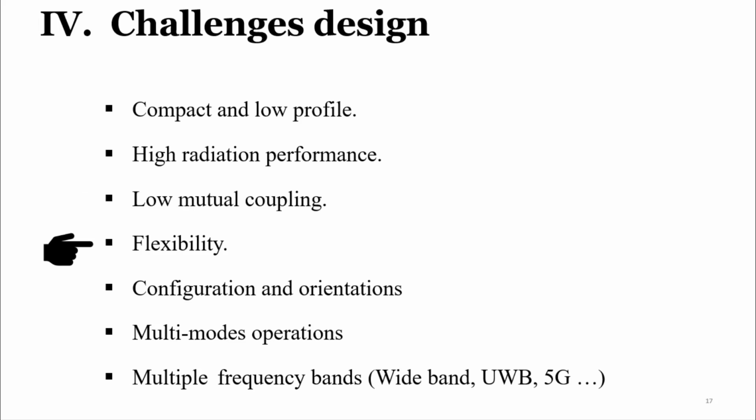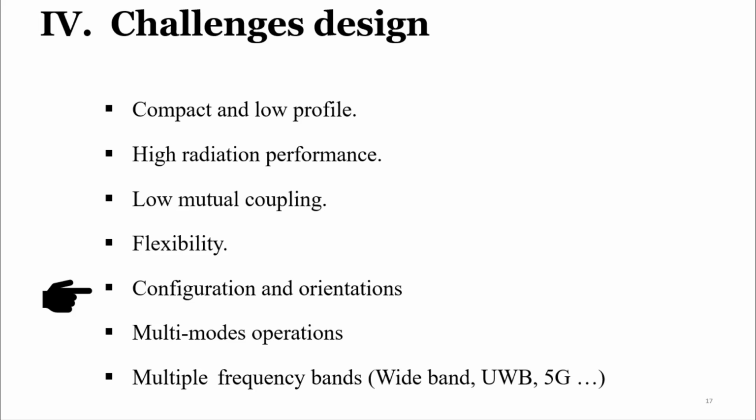The fourth parameter we can talk about is flexibility. So here we search to integrate our antennas in any structure, any circuit in industry. Okay, so I talk about flexibility of our array antennas. I can talk about configuration and orientation.